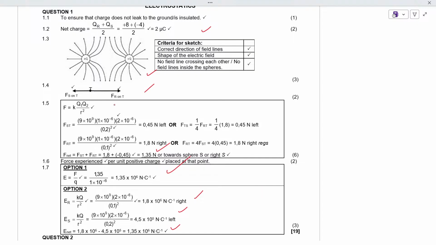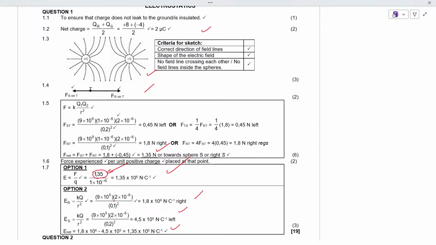They drew a free body diagram of the electrostatic force. They found a force which is pushing it there, and the force which is pushing it there, and then they subtracted. If you didn't have this value, this one would have been the longer method.